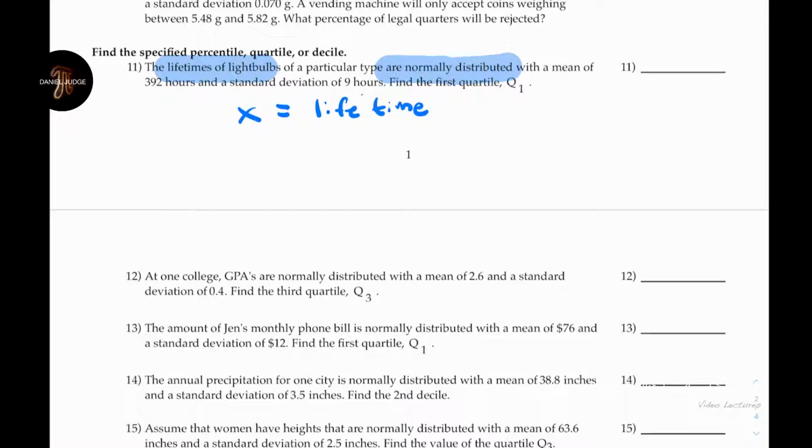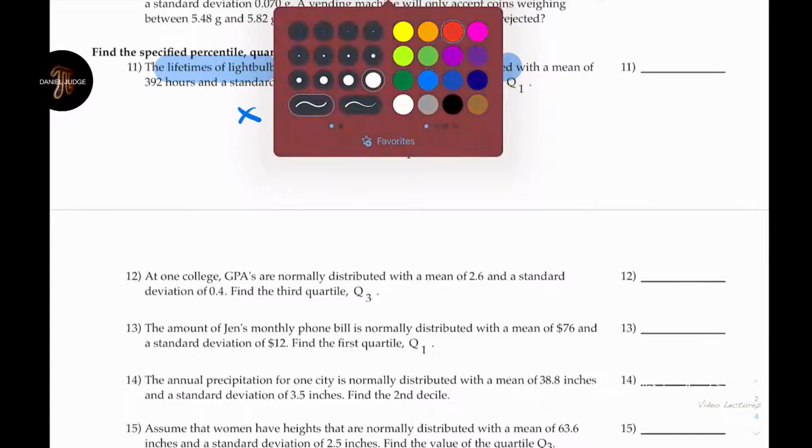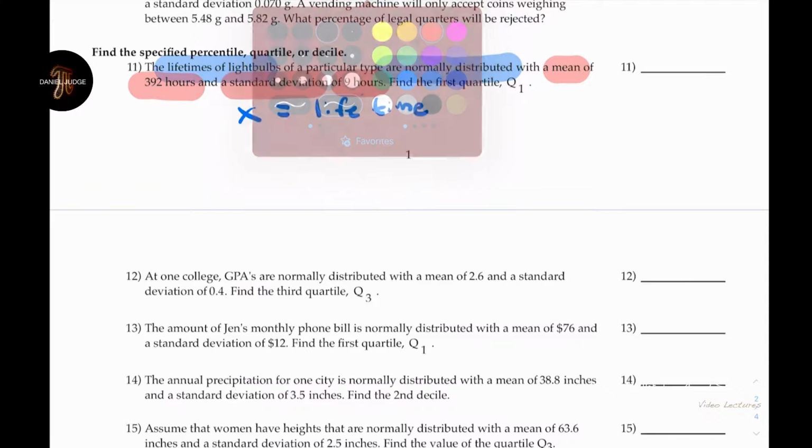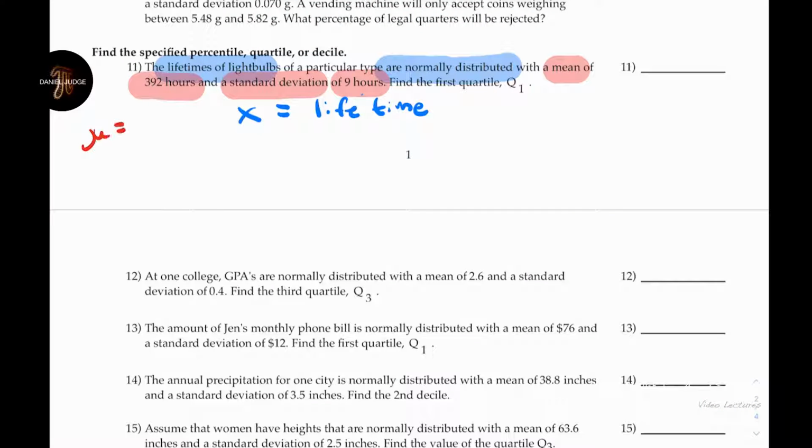Call that the lifetime, and it's normal. It's a normal distribution, is what they're saying. Has a mean of 392 hours. Has a standard deviation of 9 hours. So let me write that down. I'm going to put down my mean here. Going to be 392, standard deviation of 9 hours.